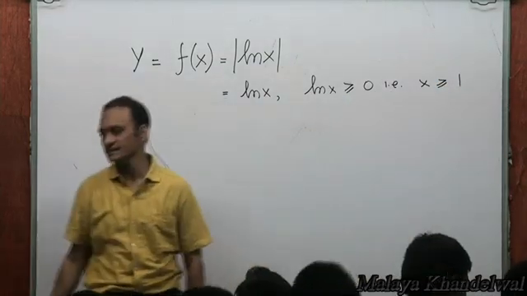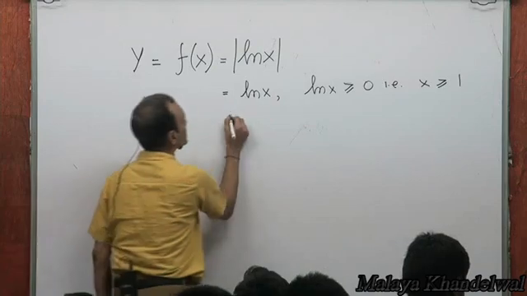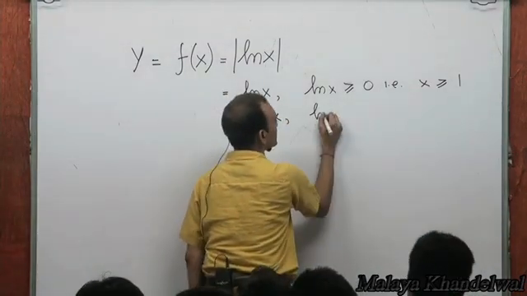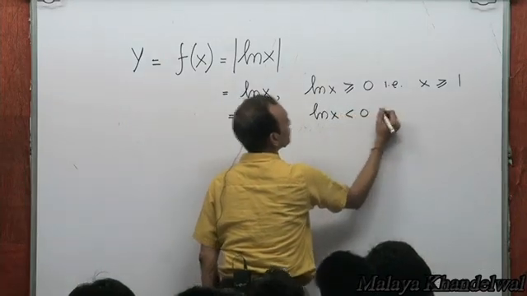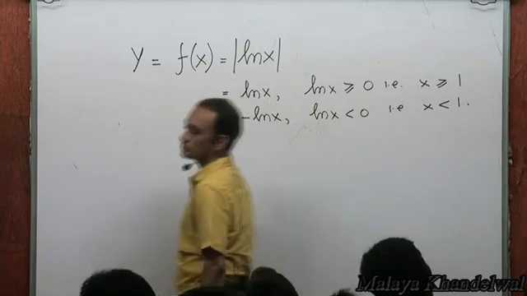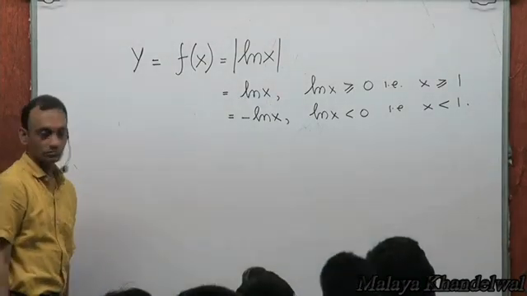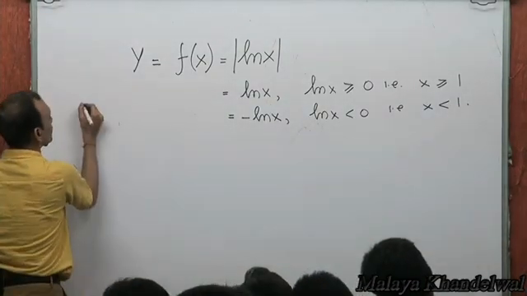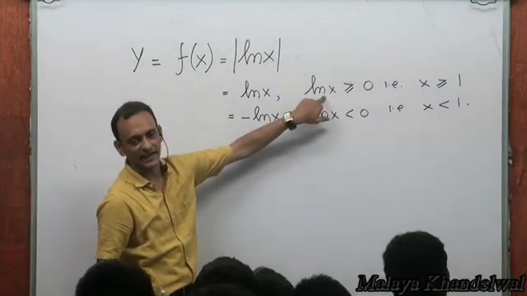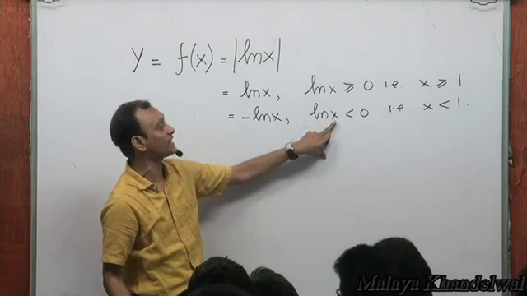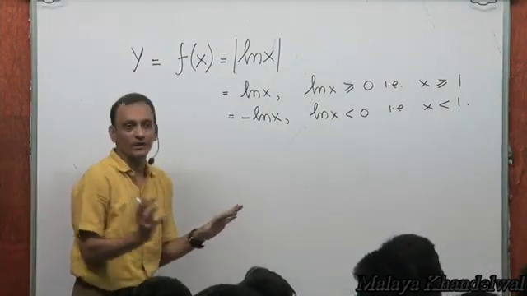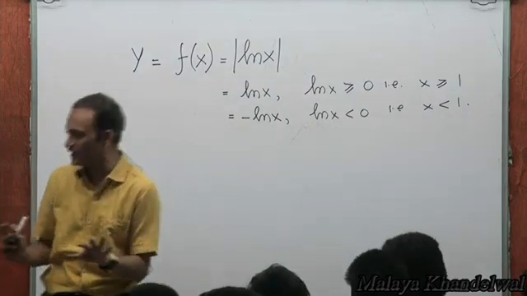It is ln x when x is greater than or equal to 1, and is minus ln x when ln x is less than 0, that is x less than 1. Yes or no? So at x equal to 1, it changes character. To the right of 1, it behaves like ln x. To the left of 1, it behaves like minus ln x. So x equal to 1 must be checked for continuity and differentiability, right?